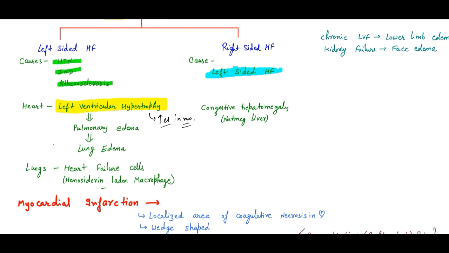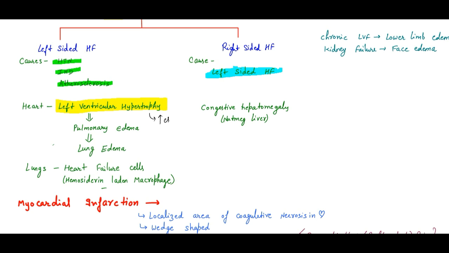Left ventricular hypertrophy. Now remember the pulmonary edema. Due to left ventricular hypertrophy, blood will accumulate in the pulmonary veins and then in the lungs. That will lead to pulmonary edema, or lung edema.